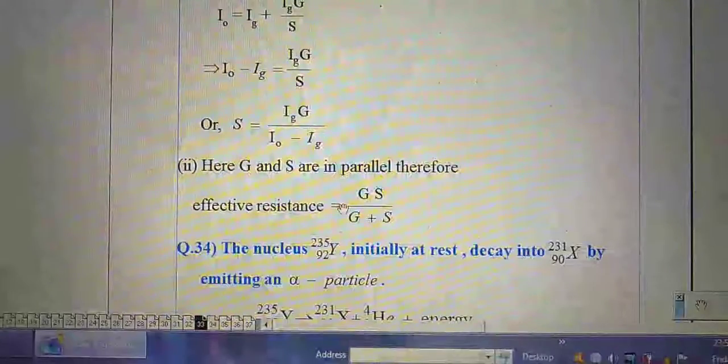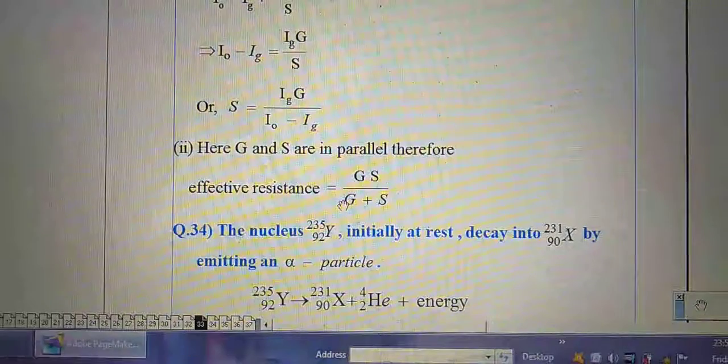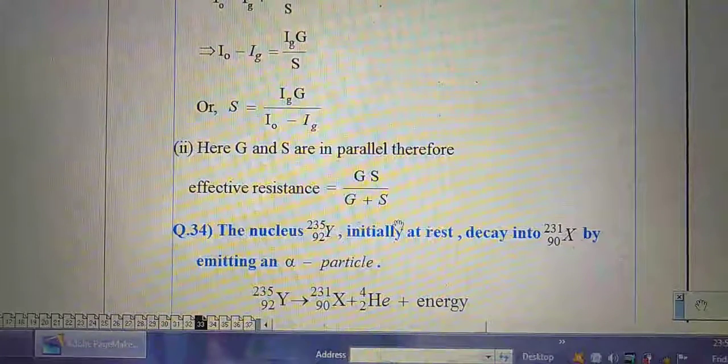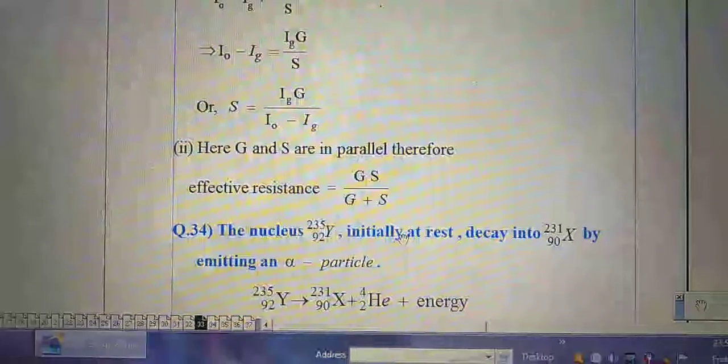Here galvanometer resistance and shunt resistance are parallel to each other, therefore the equivalent resistance must be equal to GS divided by G plus S, where G is the galvanometer resistance and S is the shunt resistance.